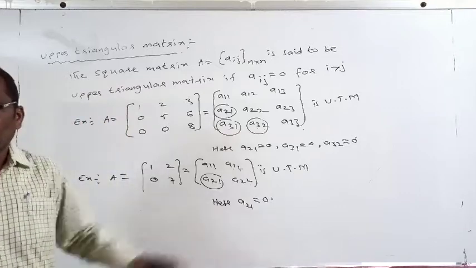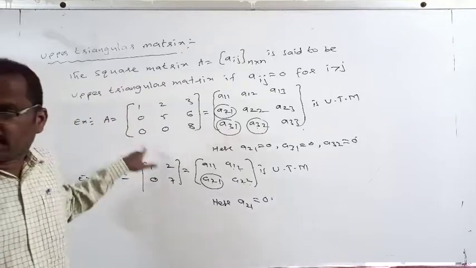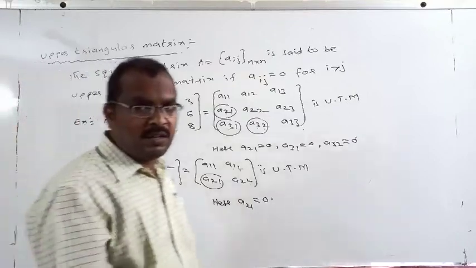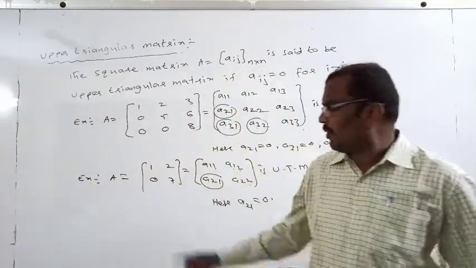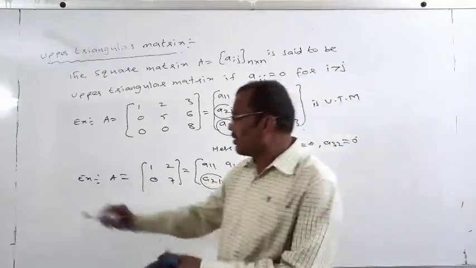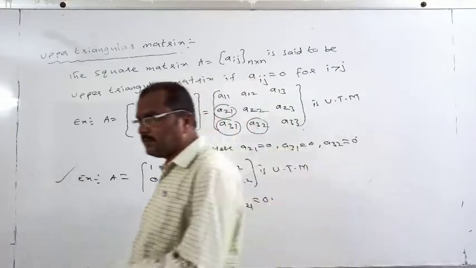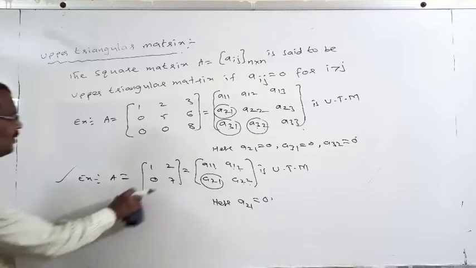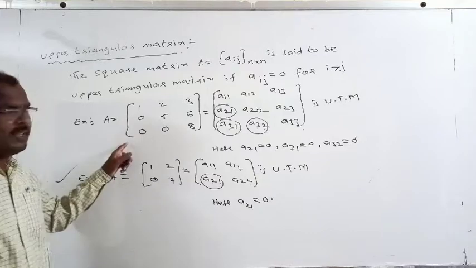I wrote only a 3 by 3 matrix, so now give one more example, 2 cross 2. Add the example to yesterday's definition.